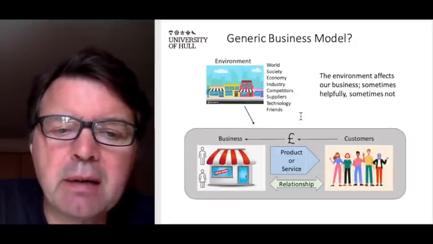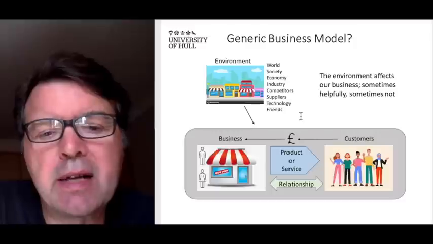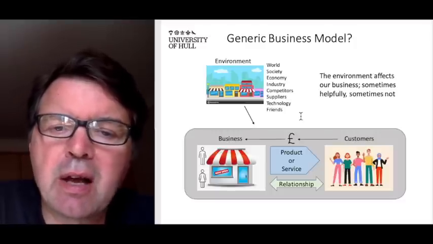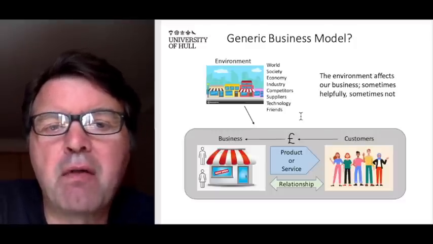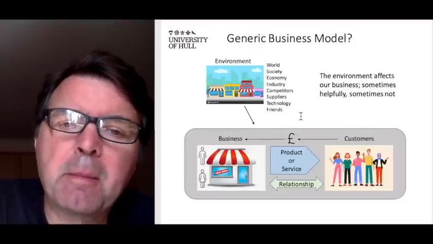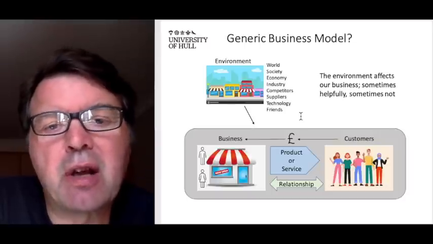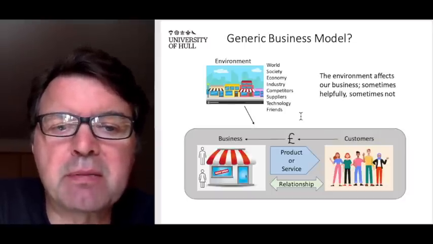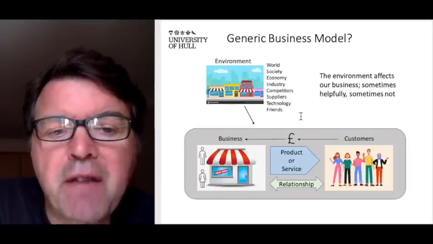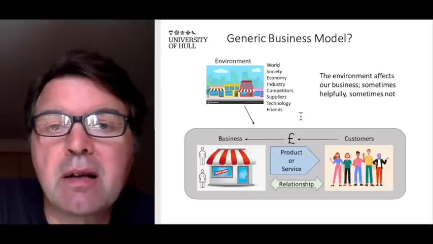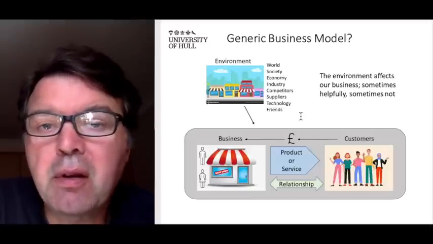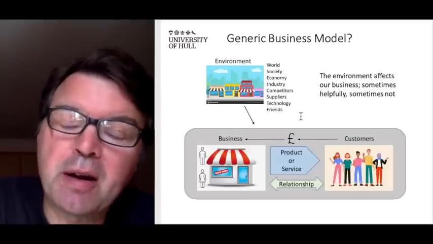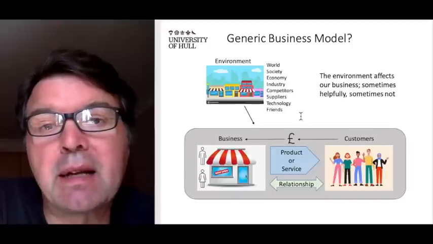Now, if we take that basic relationship between business and customers and we add this notion of the environment, then that enriches our notion of a generic business model. So the environment affects our business. Sometimes it's helpful, sometimes it's not so helpful. It depends what's happening in the environment.